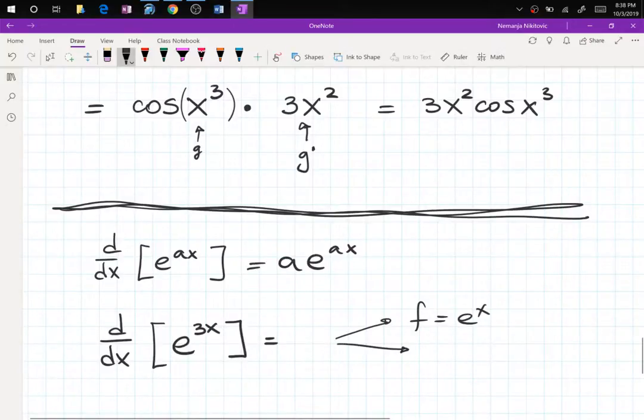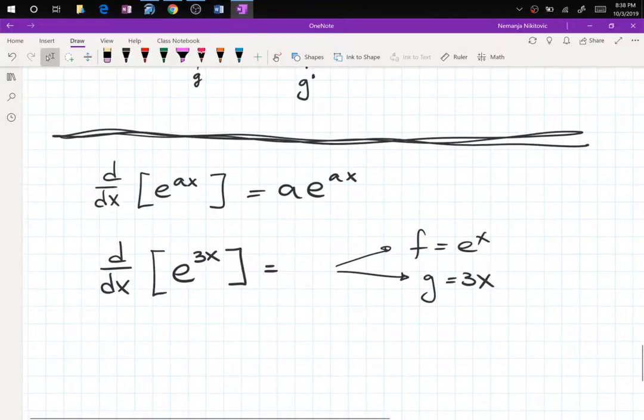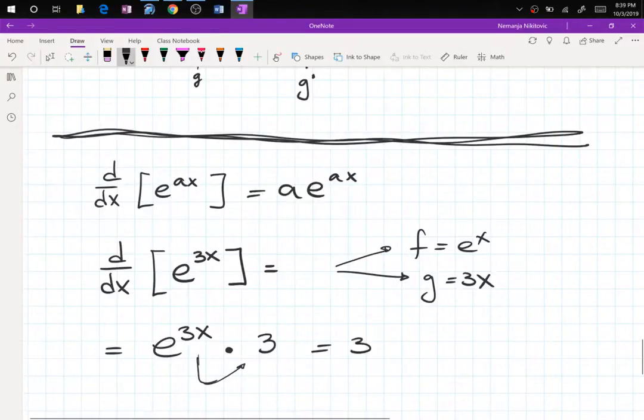And what's my g? 3x. So, when I take the derivative of f, the derivative of e to the x is e to the x, so e to the 3x, times the derivative of g, which is 3, and you get your 3e to the 3x.